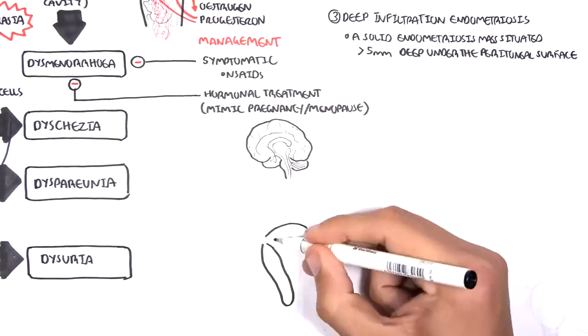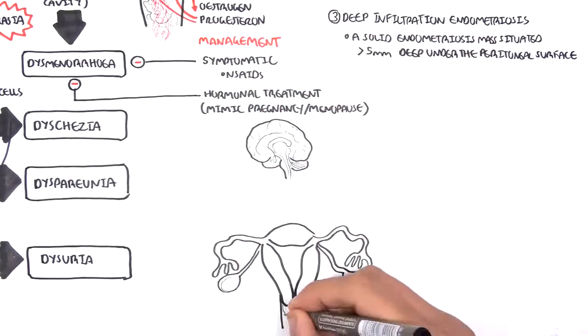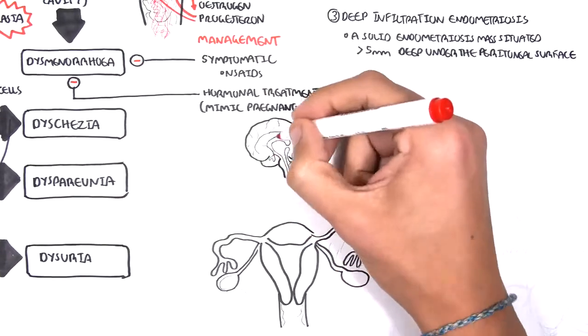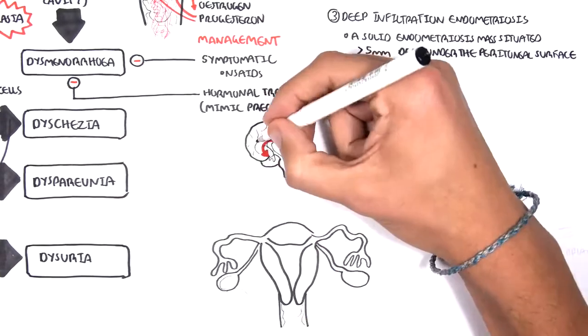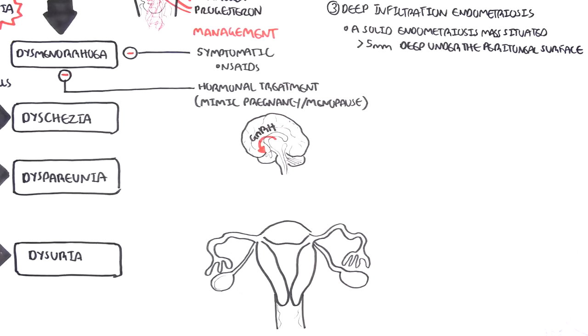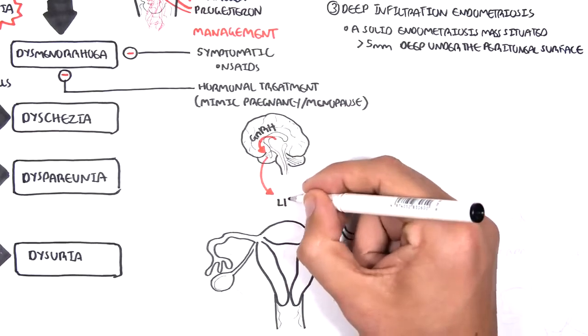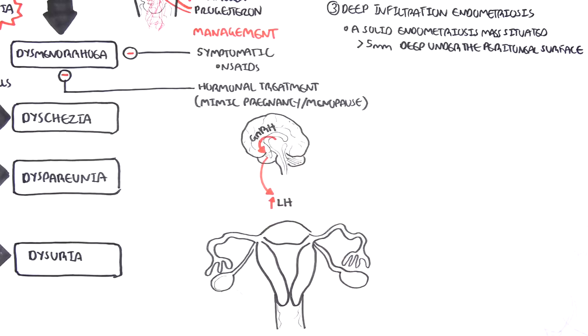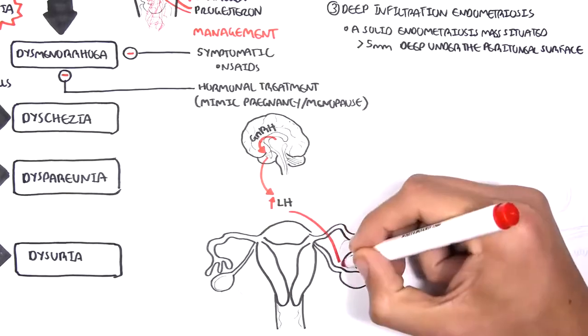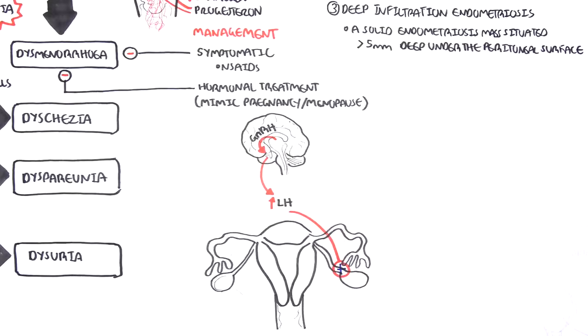Here is the brain and the female reproductive tract. The hypothalamus produces gonadotropin-releasing hormone, GnRH, which stimulates the pituitary to release luteinizing hormone, LH. When LH is high, it will stimulate ovulation in the ovaries. And as we know, the egg is released.